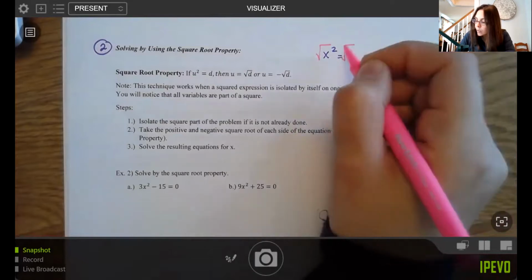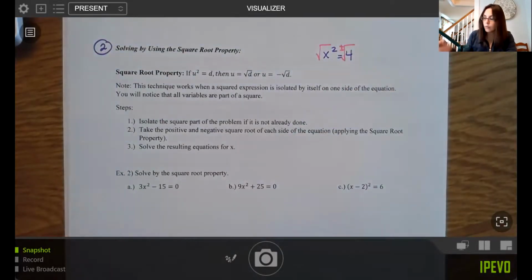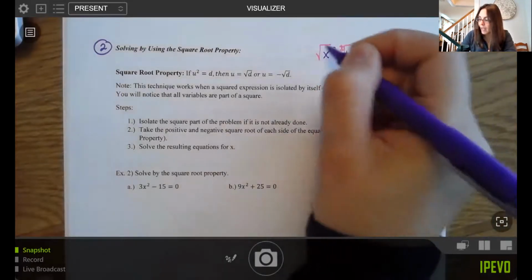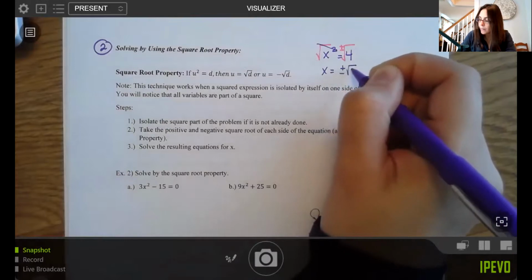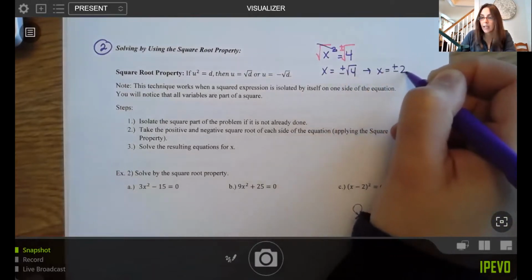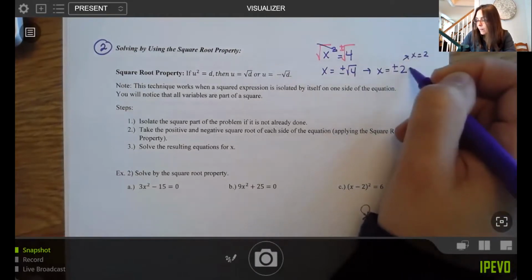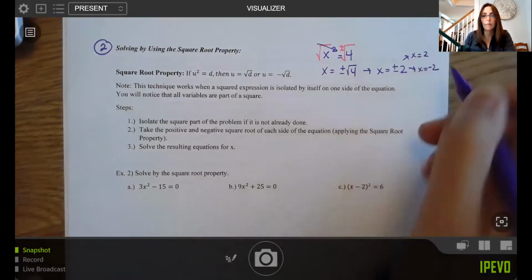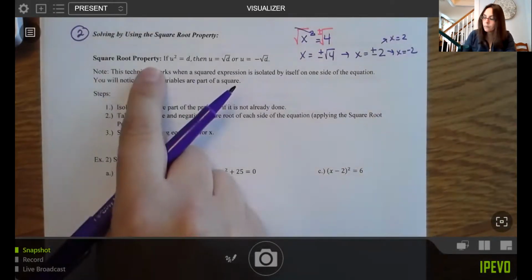But with square roots, when you're solving, you take positive and negative versions. So your root and your square cancel on the left, and you're left with plus and minus root 4. In this case, the square root of 4 is 2, so you get two answers: positive 2 and negative 2. And that's what that square root property says.